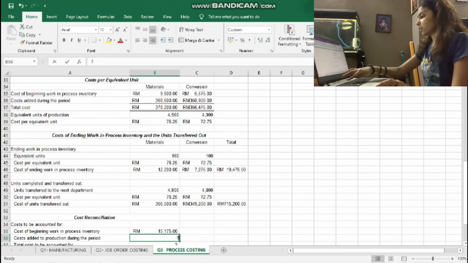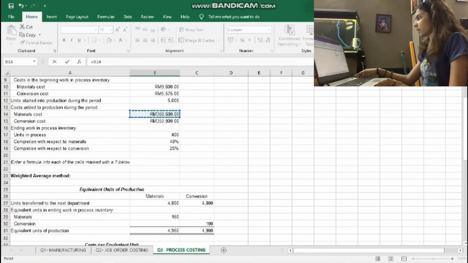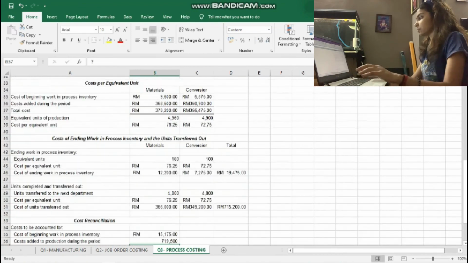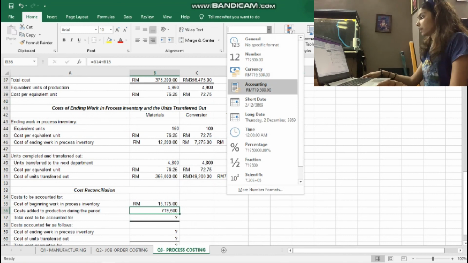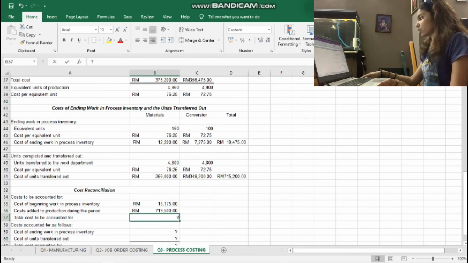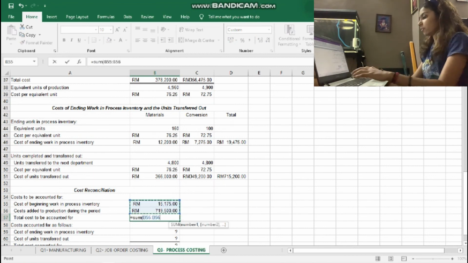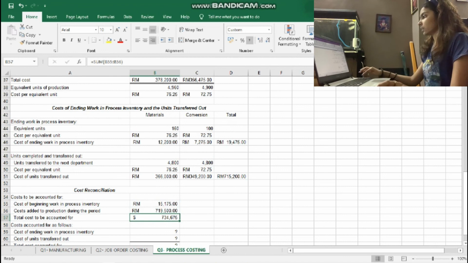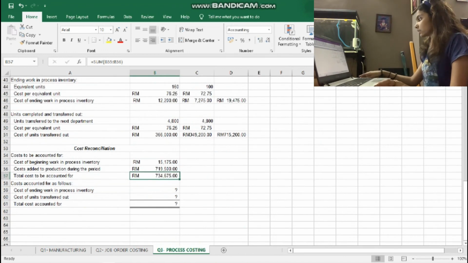And for cost added to production during the period, the same, 360,600 plus with 350,900, we will get 719,500. And then total cost to be accounted for, we have to plus both of this, and we will get 734,675 ringgit. And then next is cost accounted for as follows: cost of ending work in process inventory.